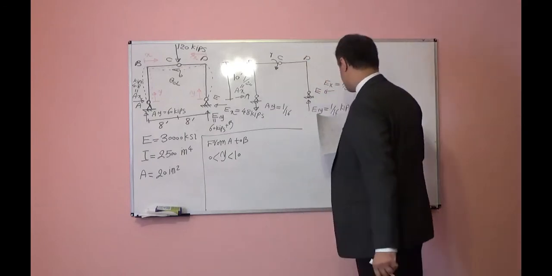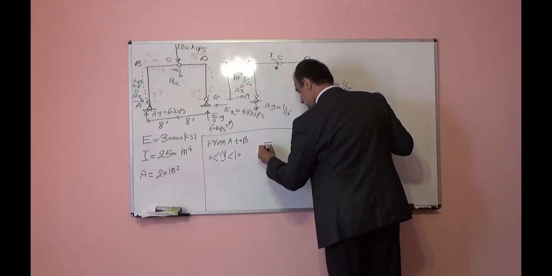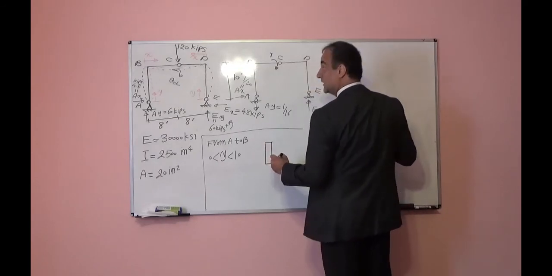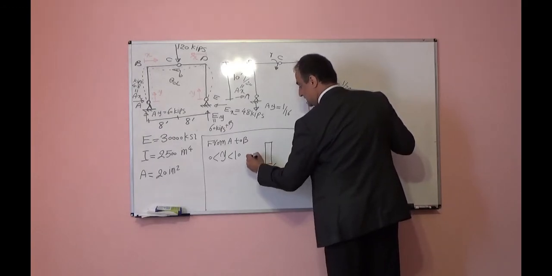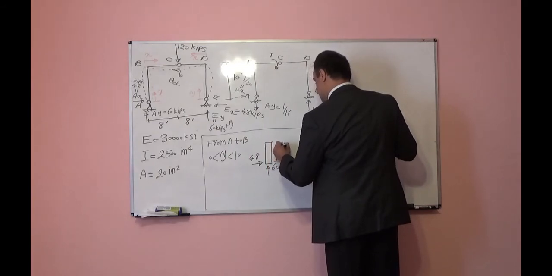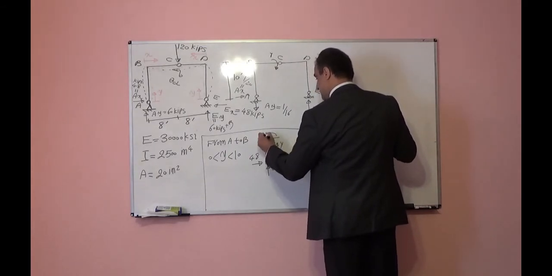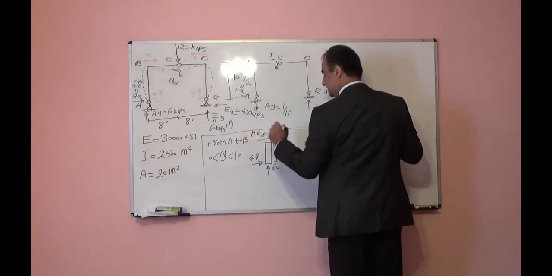If I look at the free body diagram, here for the real load, I will have 60. This will be 48. This will be Y. This will be M real.